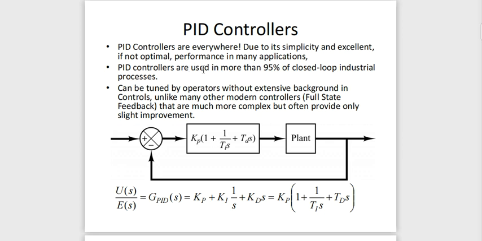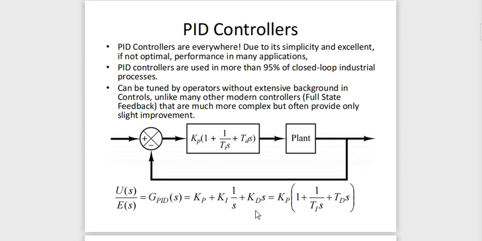PID controllers are used in more than 95% of closed loop industrial processes. The general transfer function is Kp plus Ki by s plus Kd into s. To improve the steady state performance, we change the value of Ki, keeping Kp and Kd constant.